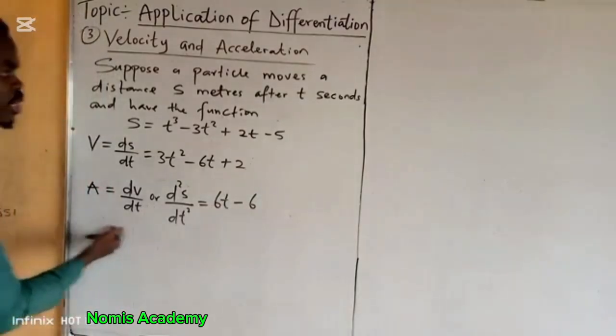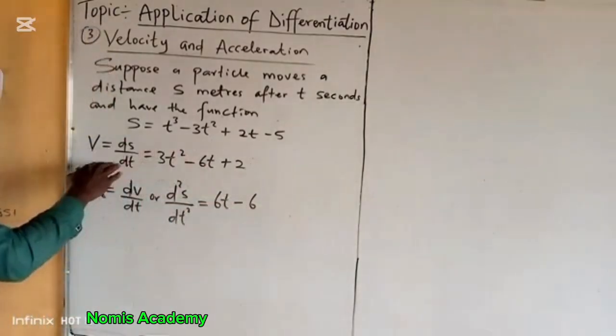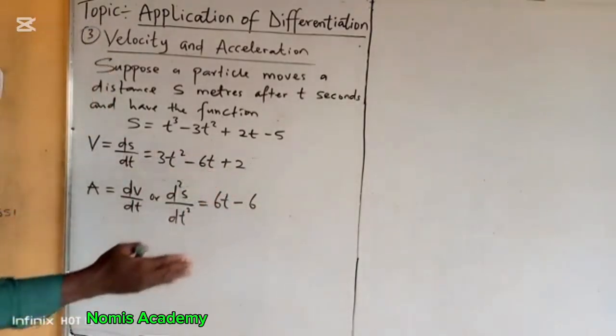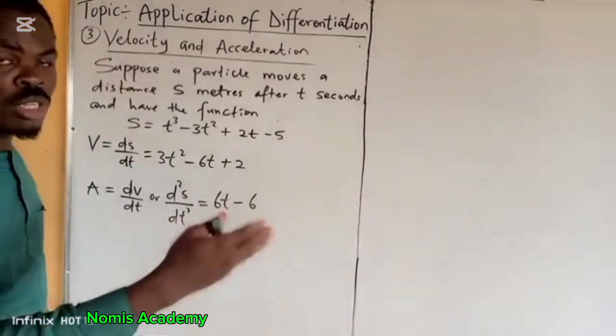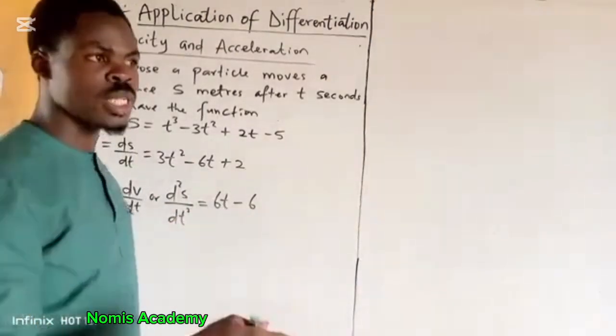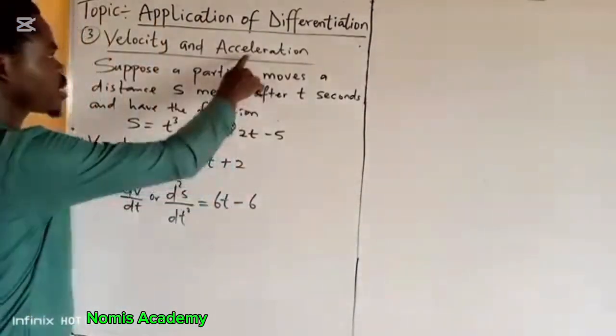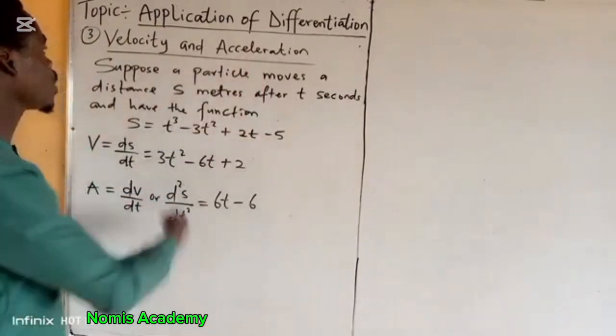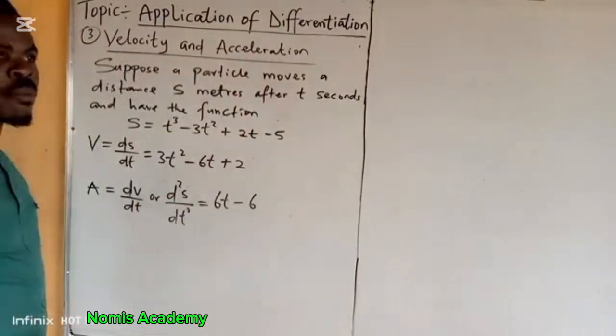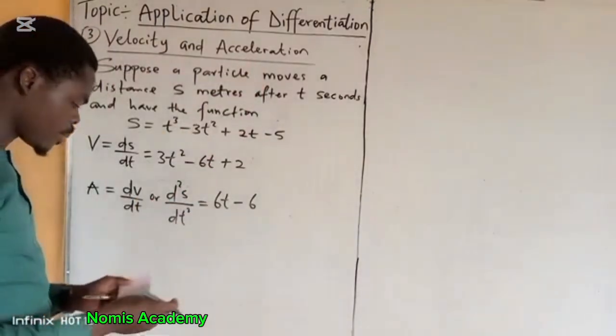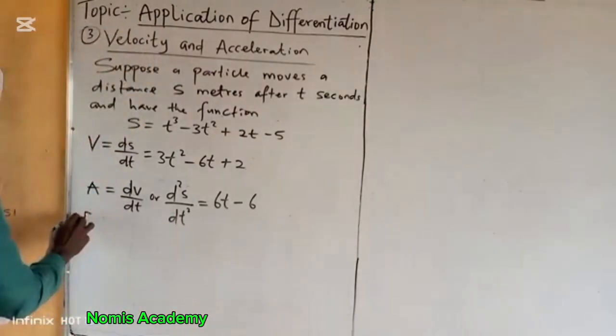So this is the acceleration, while this is the velocity. I repeat again, velocity is the rate of change of distance with time taken, while acceleration is the rate of change of velocity with time. Alright, let's pick this example and solve.